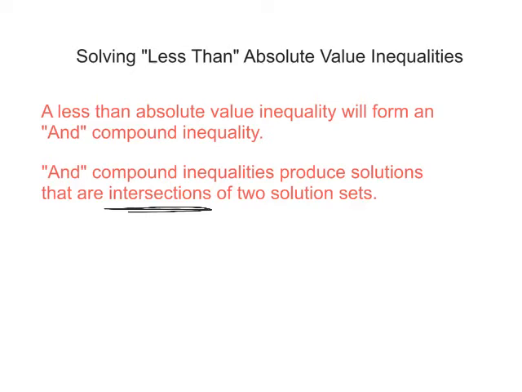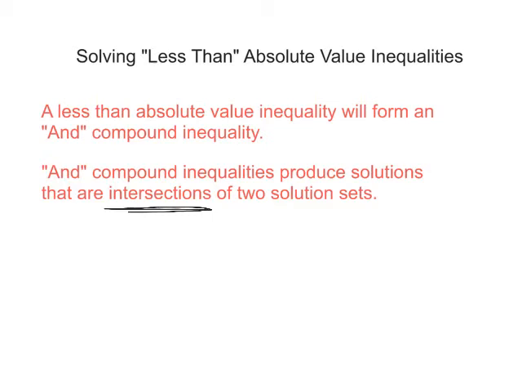Now, when we have and compound inequalities like we have in this section, we are at a bit of an advantage because these are all three-part inequalities, and so it's very obvious where our solution set is. It's between the two values that are given in our inequality statement.